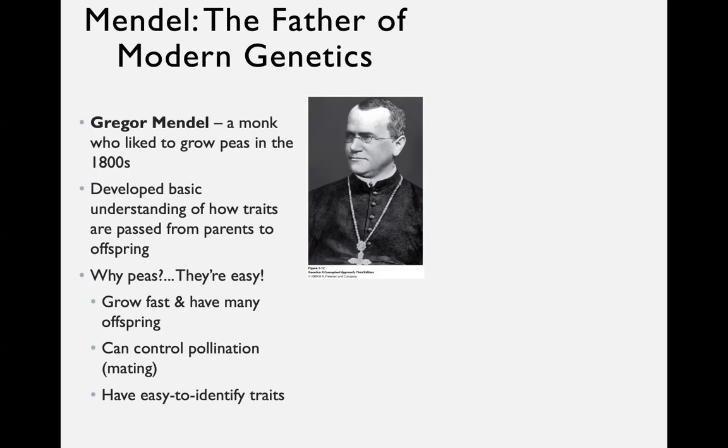First off, they grow really fast and they have a lot of offspring. And plants are so much easier to control than animals. You can control exactly what plant mates with another plant because you just take a little paintbrush and move pollen from one plant to another. You don't have to worry about any unanticipated mating. You can cover up the flower of one plant to make sure no other pollen gets in there. So you can control pollination so you know exactly what plant is mating with what plant.